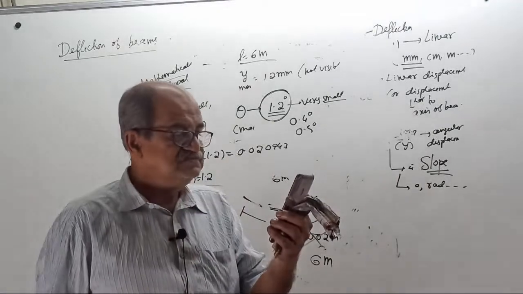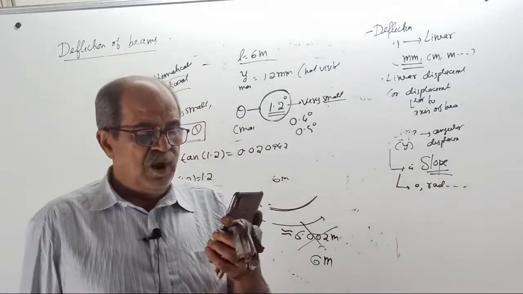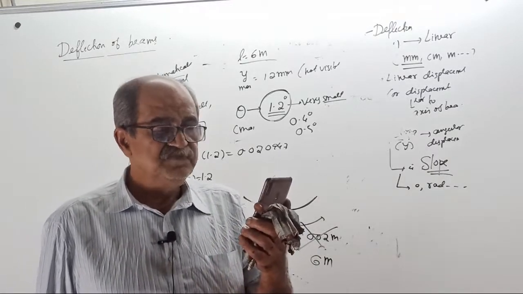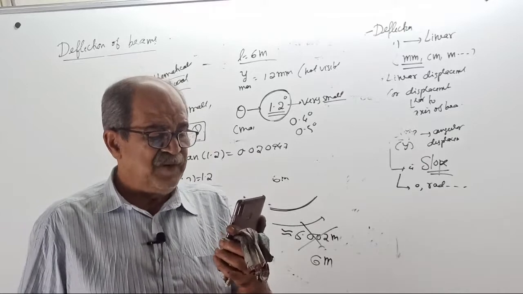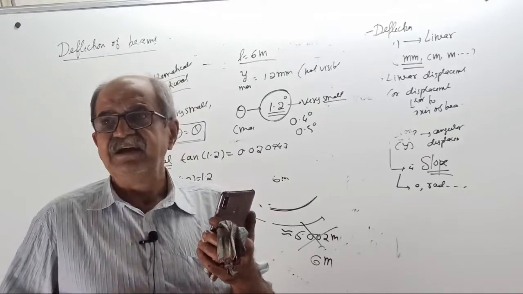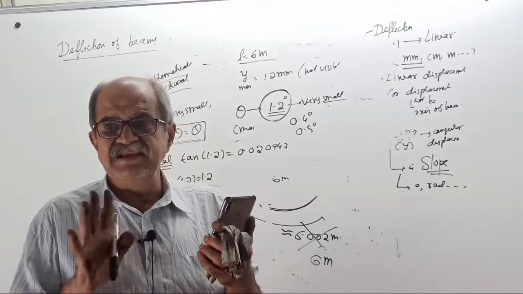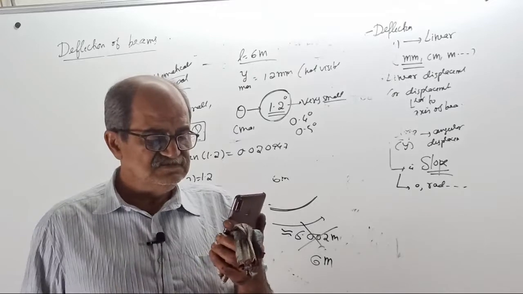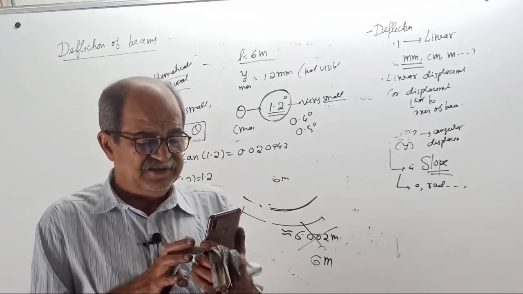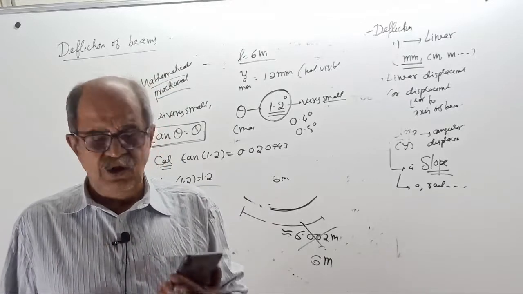Where is it? You are not answering. Yes or no? For 1.2, you cannot write tan theta equal to theta. Tell me yes or no. You are not answering. We cannot write. You are wasting time by not commenting. See, this is the problem. Unnecessary waste.